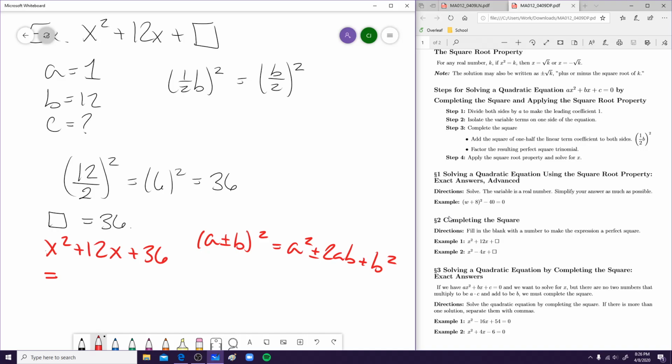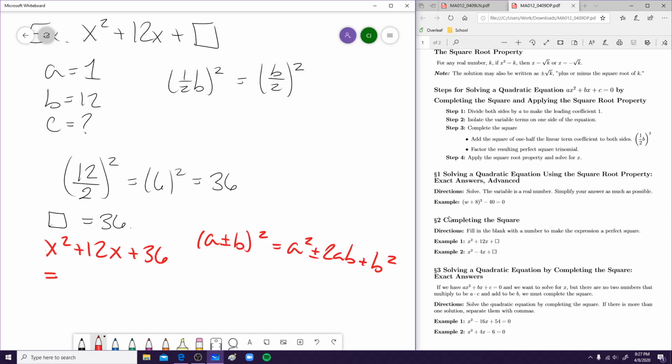Let's look at the first term. Is it a perfect square? It is, because x times x is x squared. And let's look at the last term, 36, and see if that's a perfect square. It is, because 6 times 6 is 36.